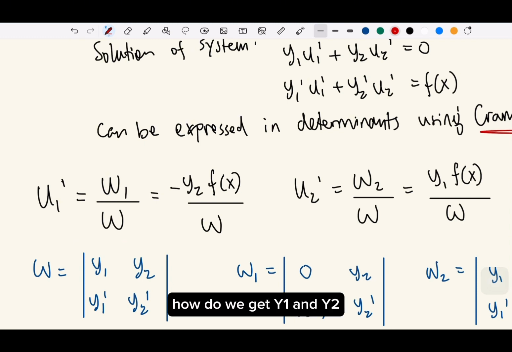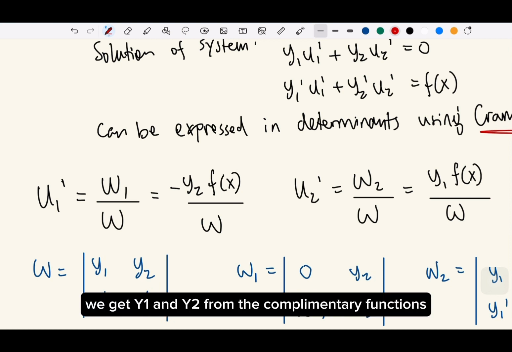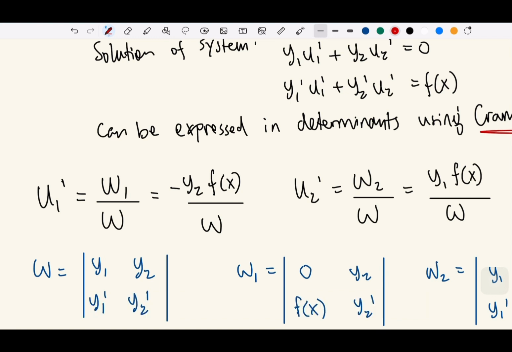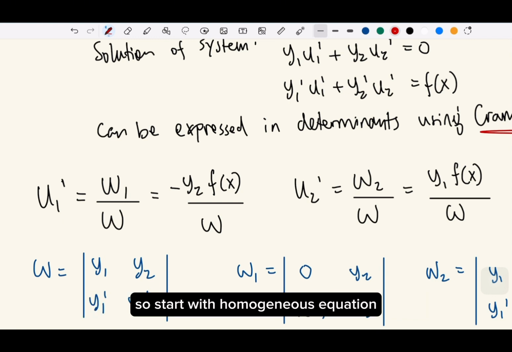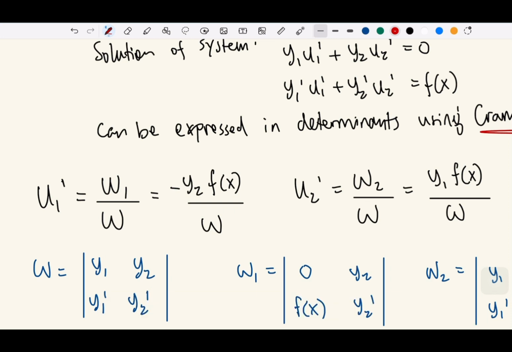How do we get y1 and y2? That's a good question. We get y1 and y2 from the complementary function. Start with the homogeneous equation, and you get c1 something plus c2 something. That something is what we use for y1 and y2 to put inside this formula.